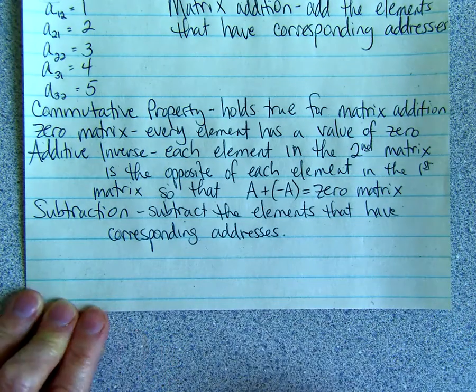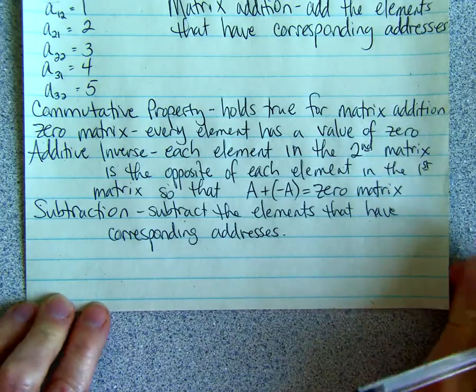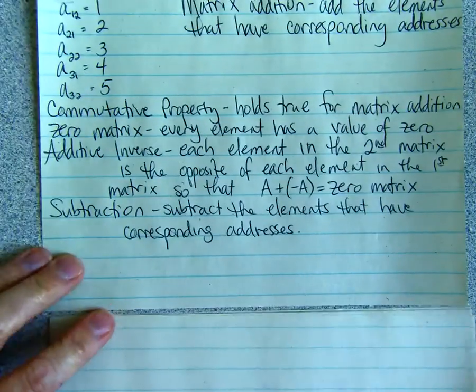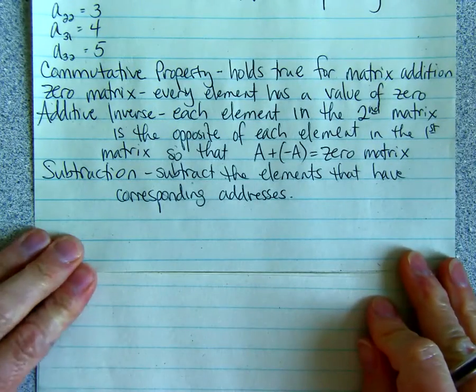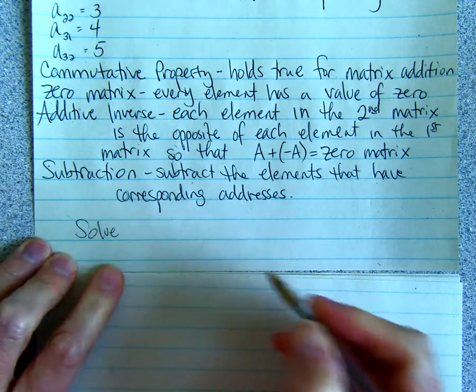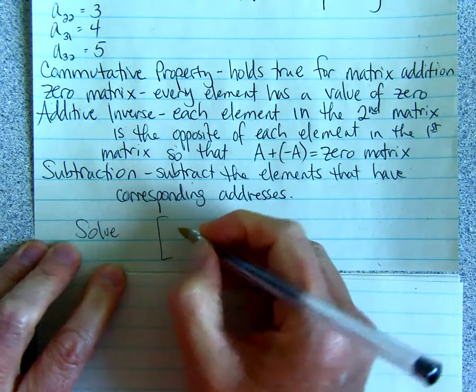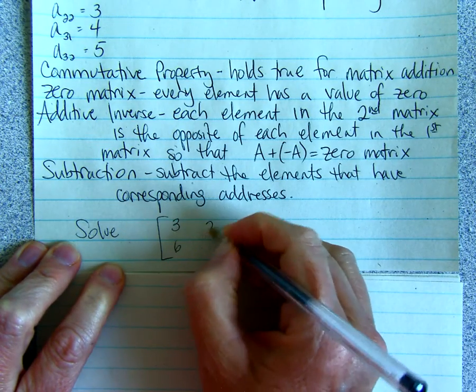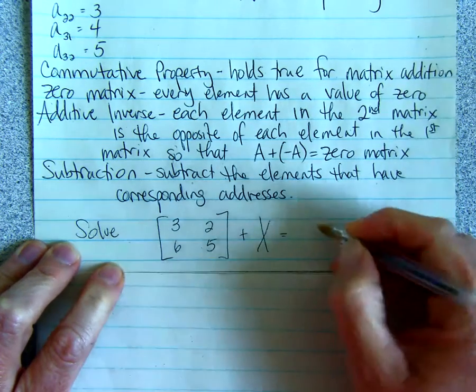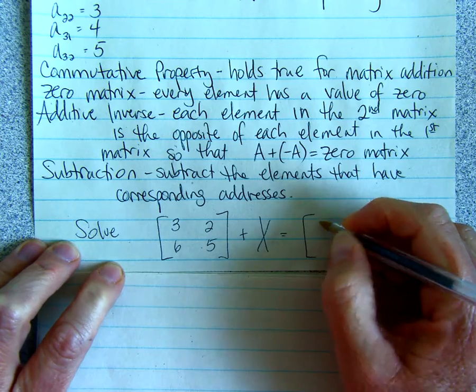So we're going to do an example of solving a matrix equation. So here's our example. We have this 2 by 2 matrix added to a matrix x is going to equal this 2 by 2.